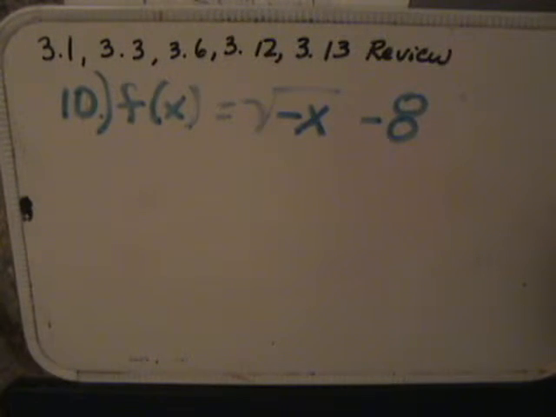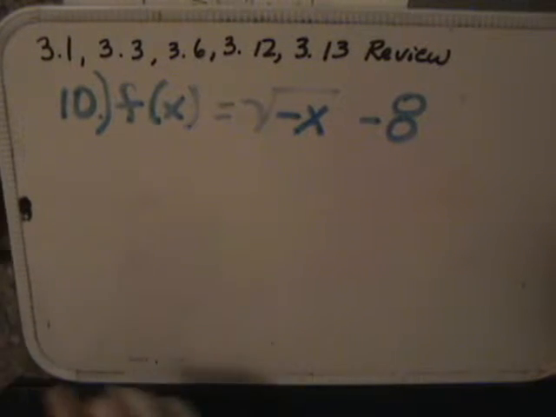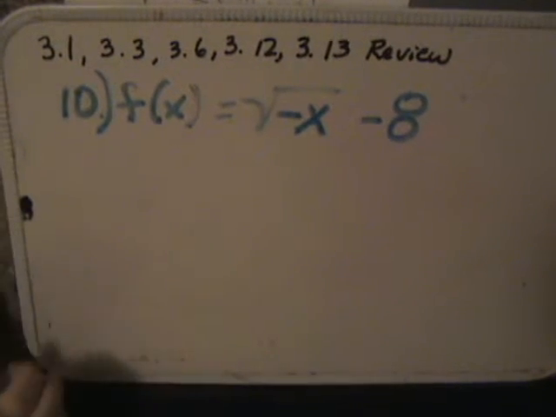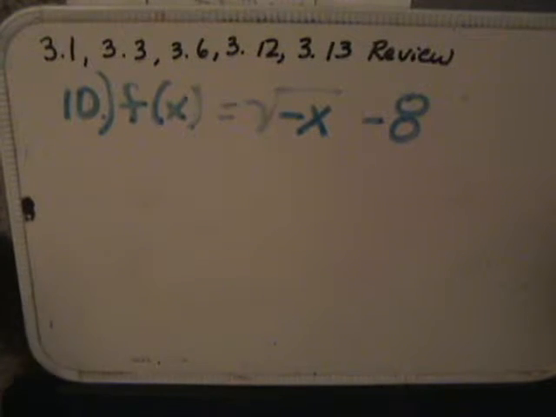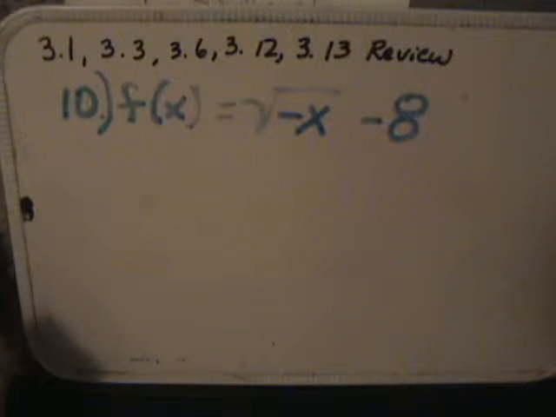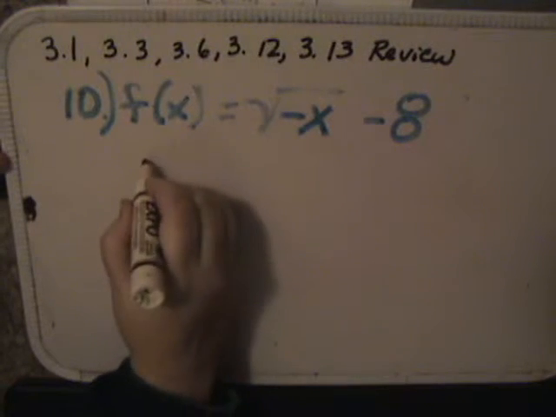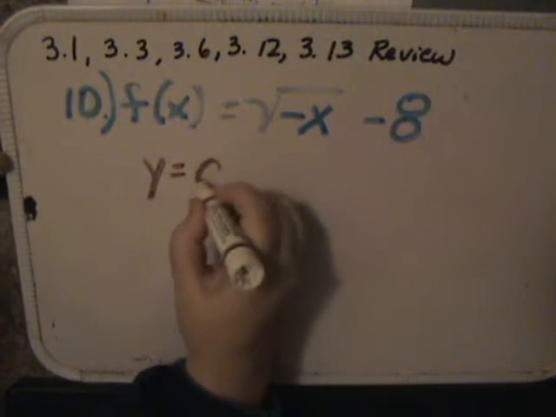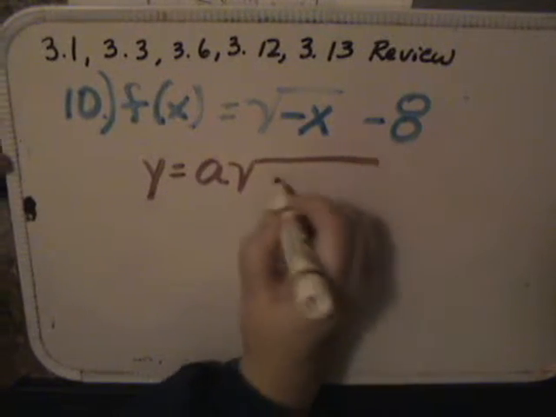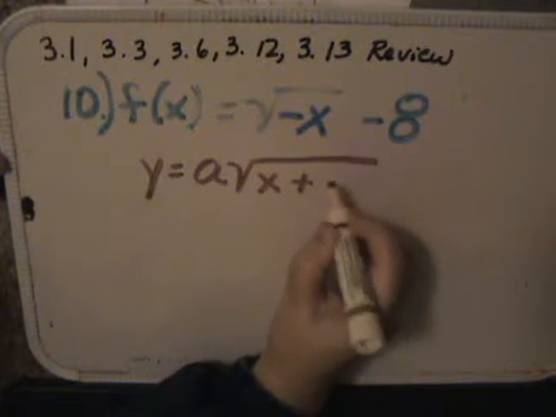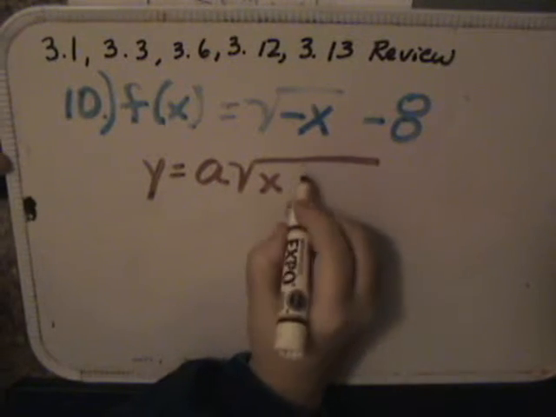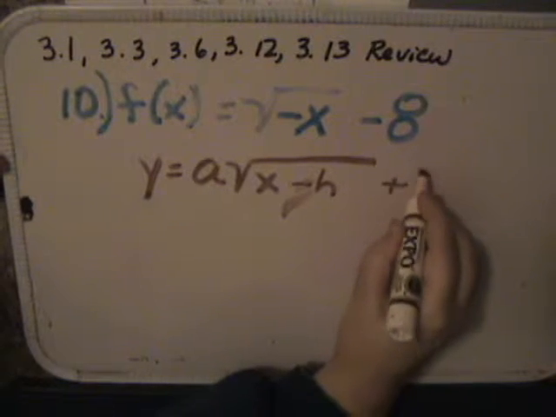Now, this is a radical function, a square root function, and what you're going to do for these is evaluate them based on our standard y equals a absolute value of x, actually, it's minus h plus k.